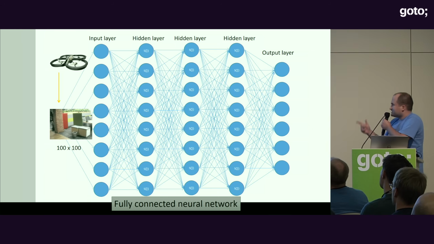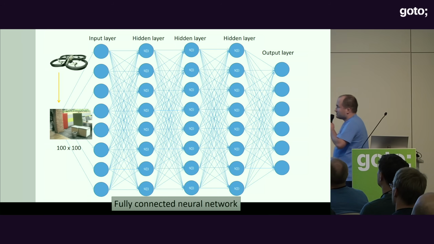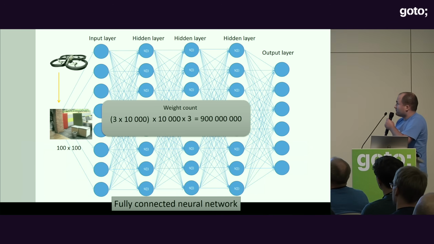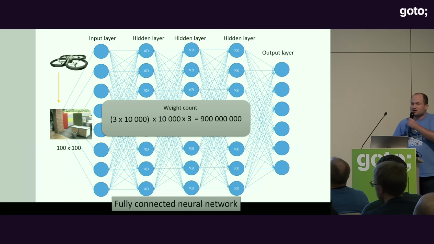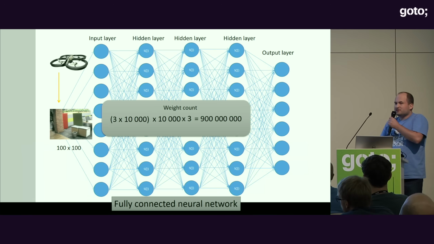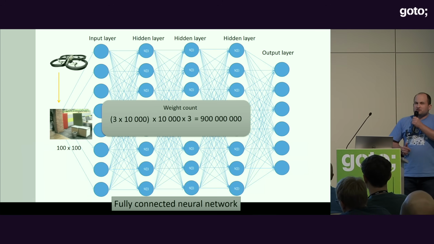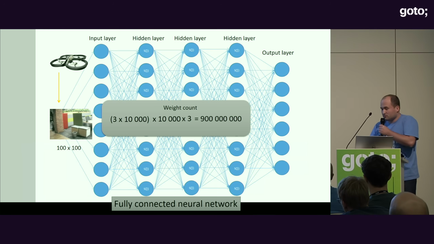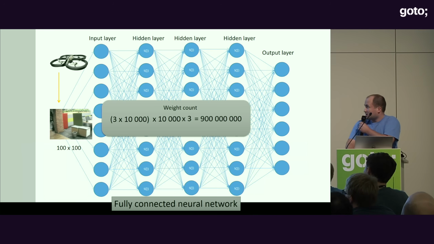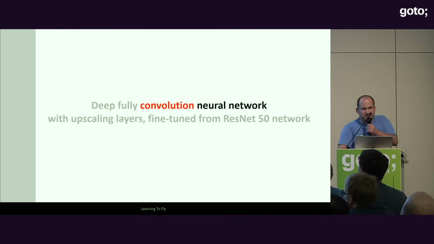You see that the picture is downscaled to 100 by 100, but even so, if we use such a network, we have a billion weights in that network, which means that in every training iteration we would have to update a billion weights. It's simply impossible to converge to a proper solution with such a network. That's why we are using convolutional neural networks.